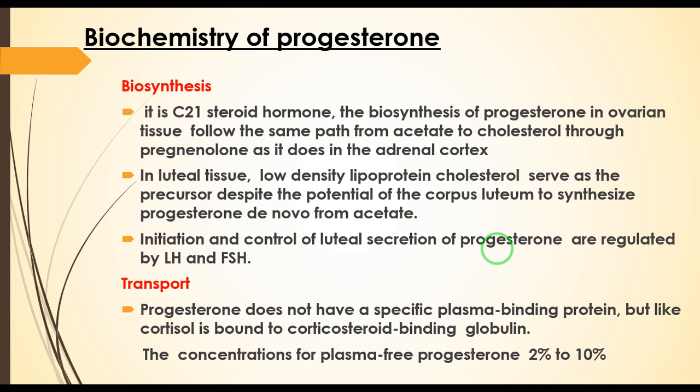And there is no specific binding protein for progesterone. It can bind either to corticosteroid binding globulin or other proteins. About 2 to 10% is free progesterone in the circulation. It's more than that of the estrogen. The percentage is 2 to 10%.